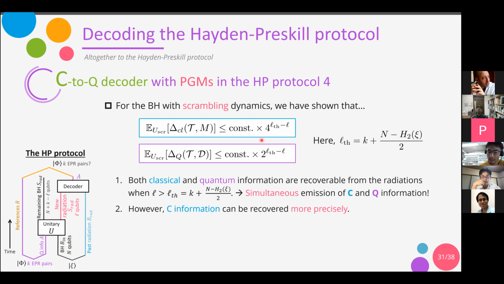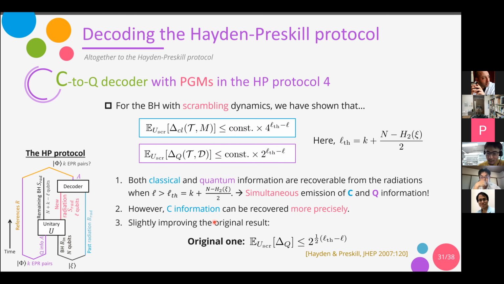And the difference is again the basis. If we have the same amount of new radiation, then the classical information can be recovered more precisely than the quantum information. That is the only difference between classical and quantum. Also, this is not so important, but I slightly improve the original result.